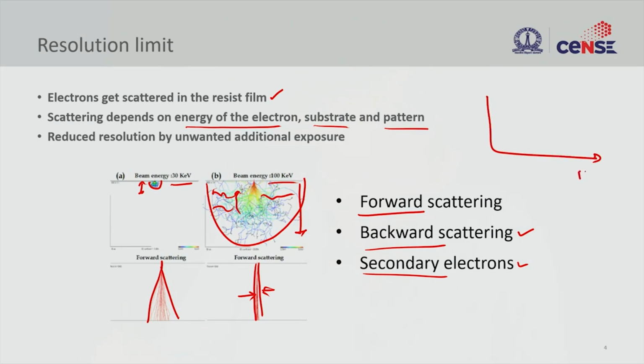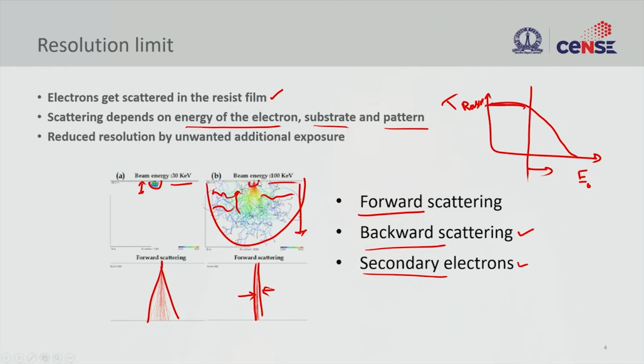So this is the energy of illumination, and this is your resist thickness. So it should go down. If it reaches a certain energy, beyond which you will expose. If you take a very high energy beam, you want to make sure that you only expose this part.